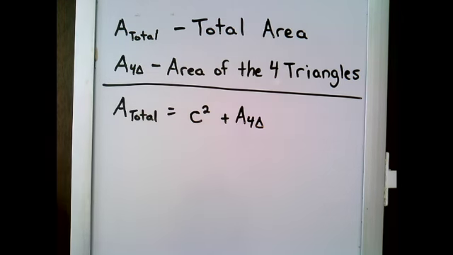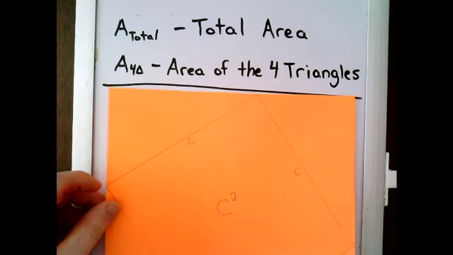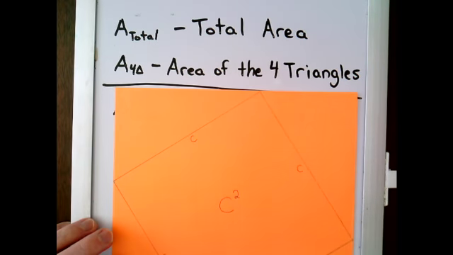And we can look at that right here. So my area was c squared plus the area of the four triangles.